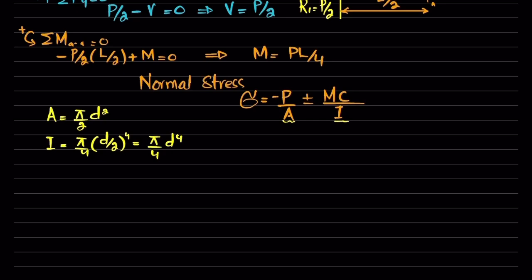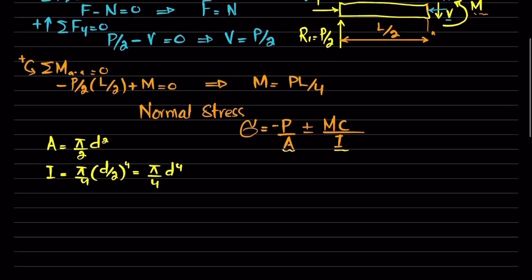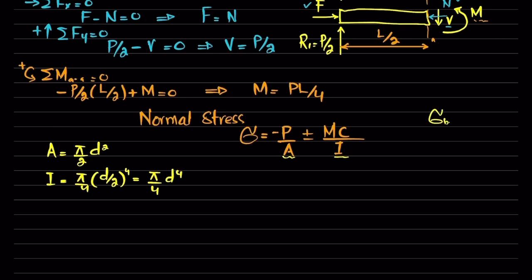Okay, now we have these values, clear. So due to this moment we will have bending stress. Bending will be equal to M into C divided by I, clear. And due to this normal compressive force, which is minus P by A, you can just put the value over here. So sigma will be equal to minus P, replaced by F because this is the F force and that is compressive, divided by pi by 4 D square. So this is also area, pi by 4 D square.